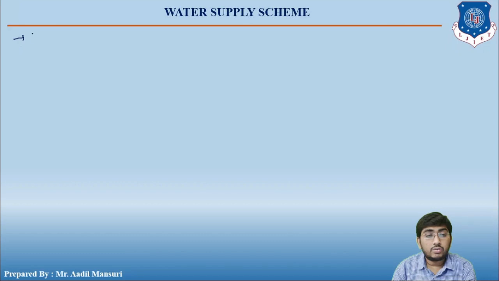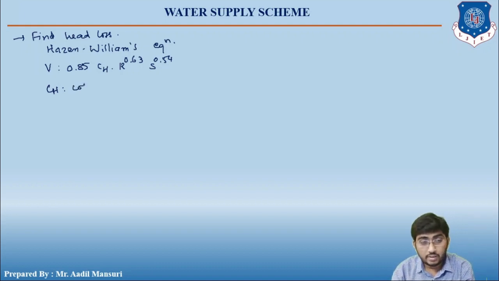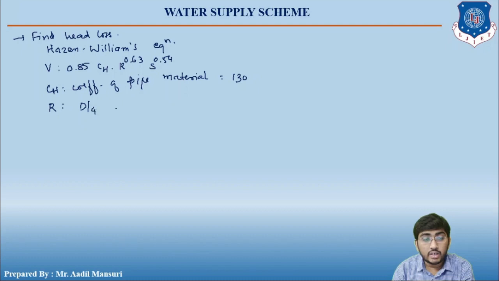Okay students, so next step is to find out head loss. Head loss can be found out using the Hazen-Williams equation, where V equals 0.85 CH R raised to 0.63 S raised to 0.54. Where CH is the coefficient of pipe material, which is usually taken as 130. R is nothing but hydraulic mean depth, that is D by 4.